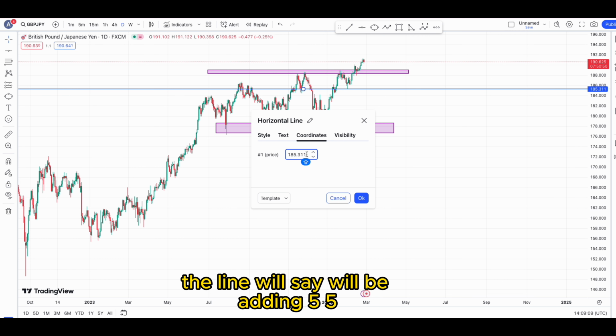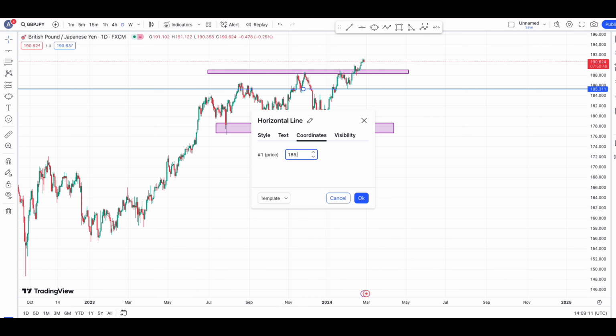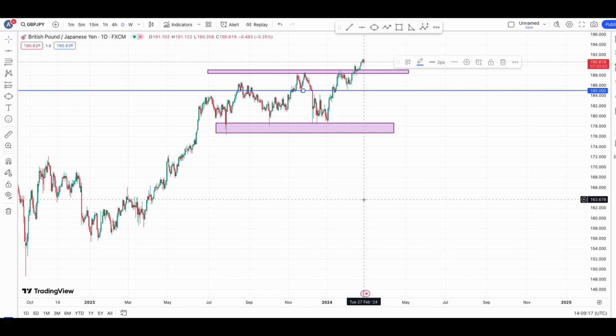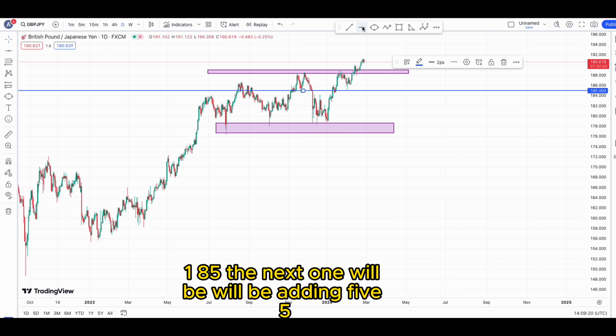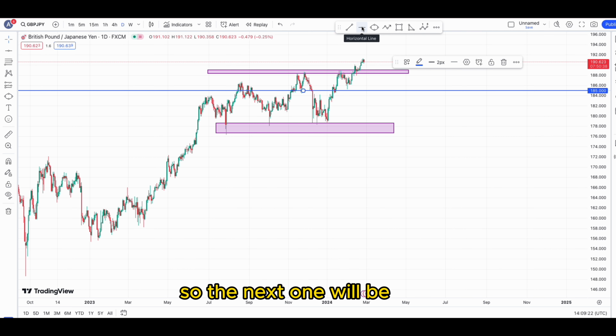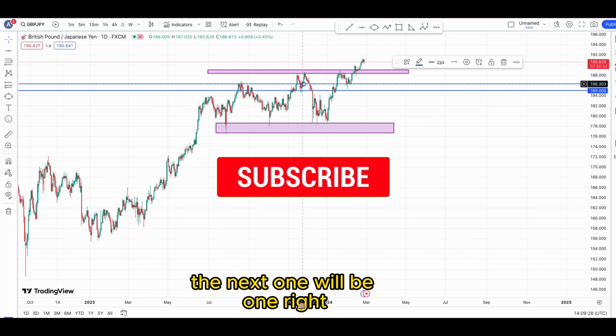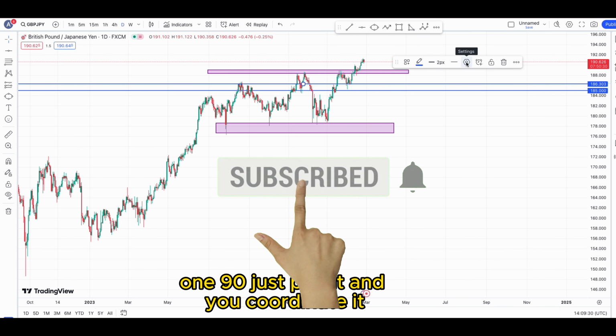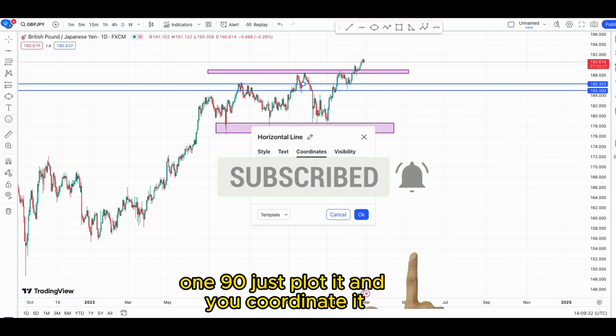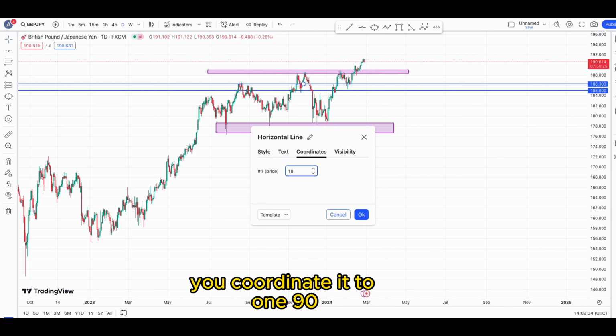We said we'll be adding 5, so 185, right? The next one, we'll be adding 5, so the next one will be 190, right? Just plot it and you coordinate it to 190.